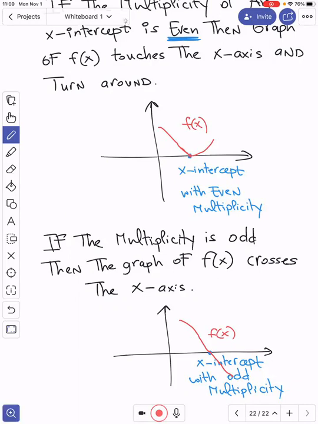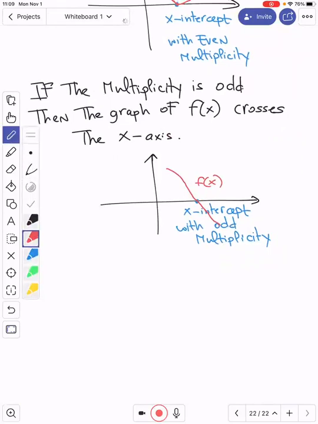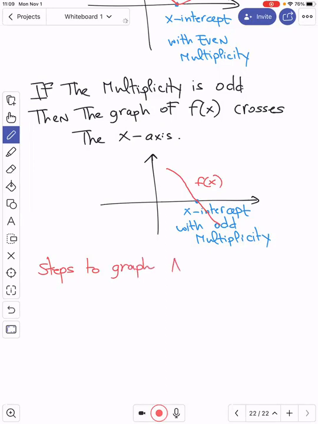So in general, if you want to graph a polynomial, here are the steps.